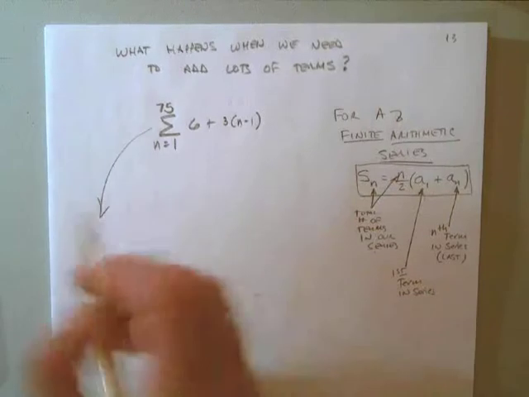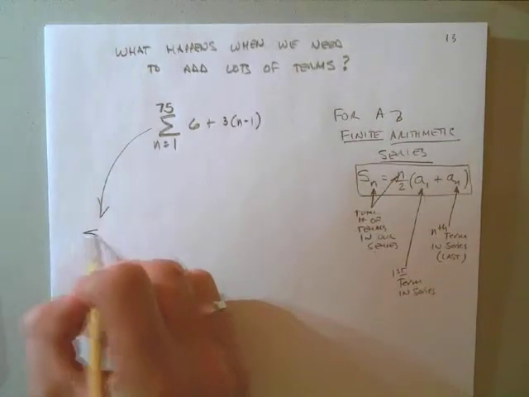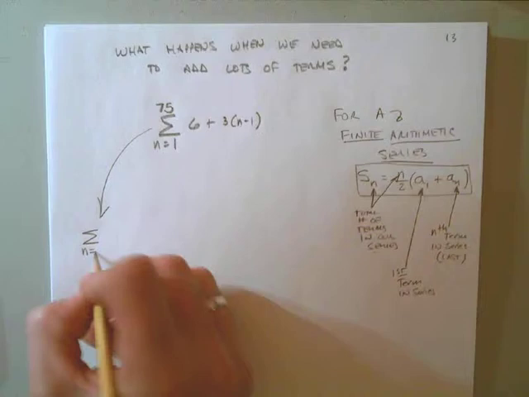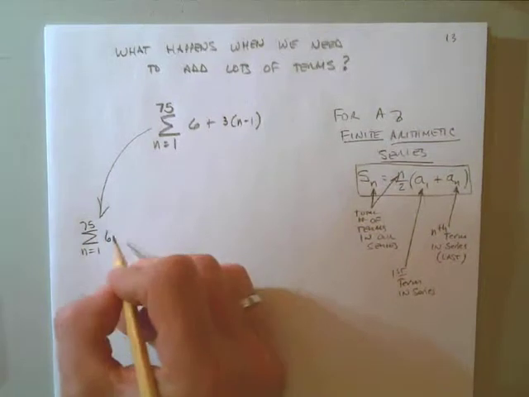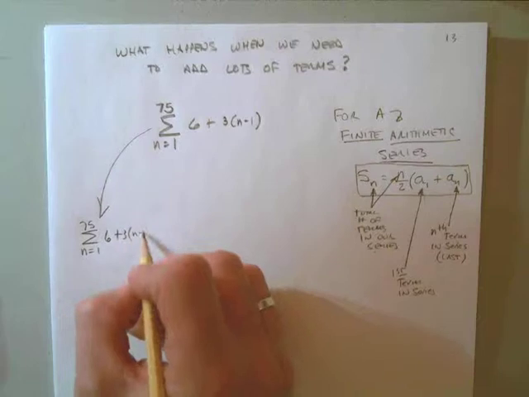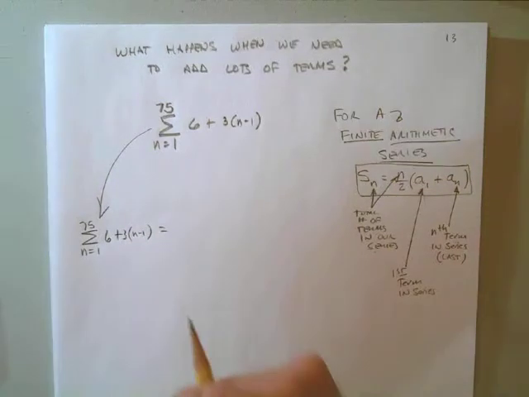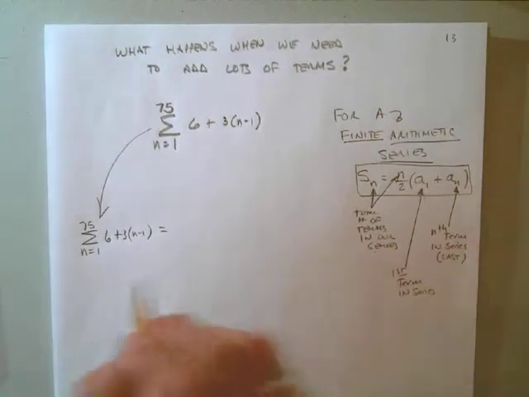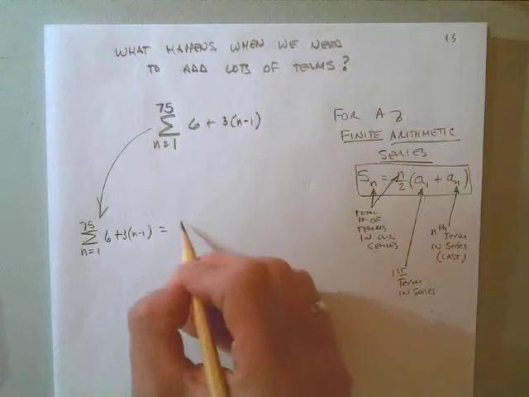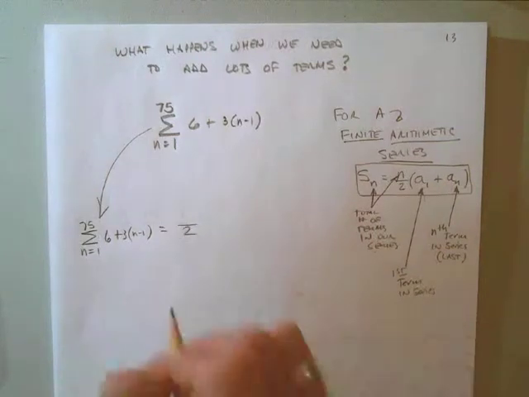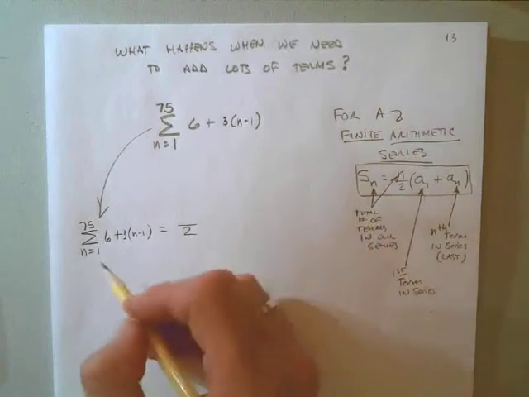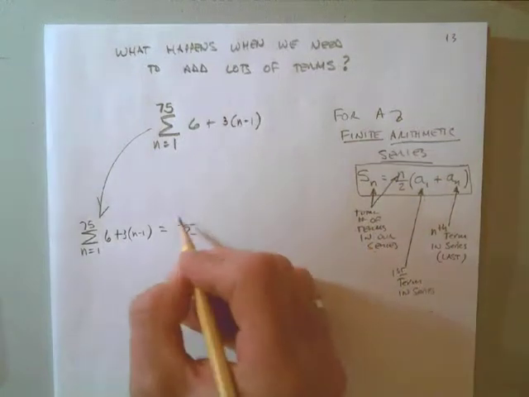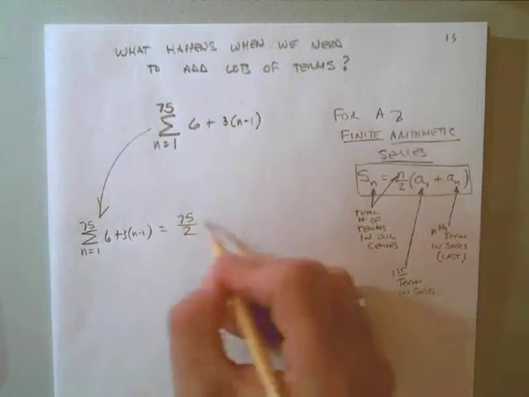Okay, I'm going to rewrite this. We would say that the sum of n equals 1 to 75 of this equation, 6 plus 3 times n minus 1, is going to be equal to n over 2, where n is the total number of terms in our series. Well, how many do we have? We have 75 terms.